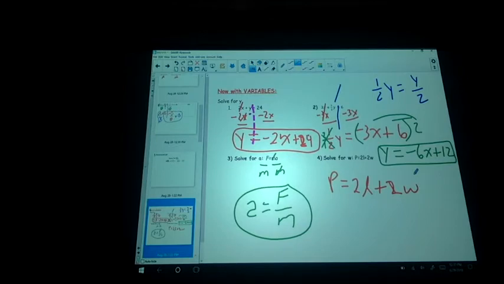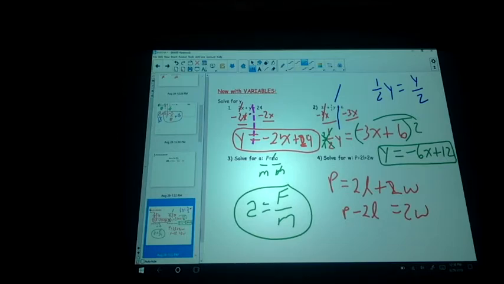What are we going to solve for? W. So P, and it's actually a 2L. I know it looks like a 21. It's supposed to be an L. How are 2 and W being held together?